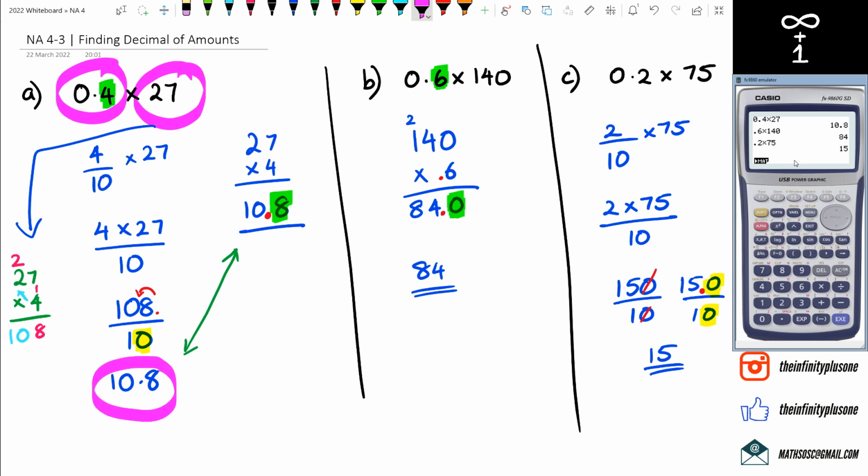If you think about it, half of 27 is about 13.5, so that's how I know my answer is correct here. Same with this question: I've got 140 and I'm multiplying by 0.6. Half of 140 is 70, so I would expect my answer to be above 70, which is what's happening here. That's just another quick way of checking whether you're doing the right calculations, a quick bit of estimation.